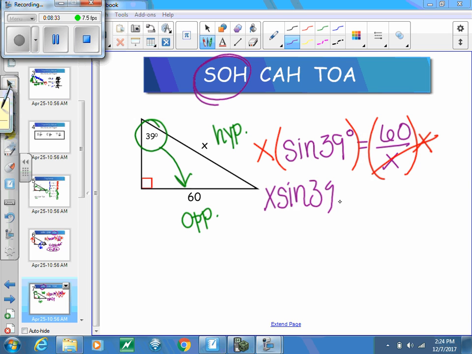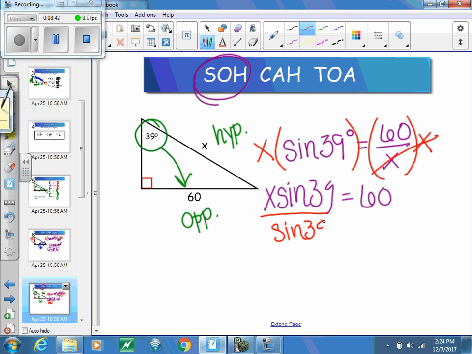All right, so we have x times the sine of 39 is now equal to 60. And now to solve for x, I would divide by the sine of 39 degrees.